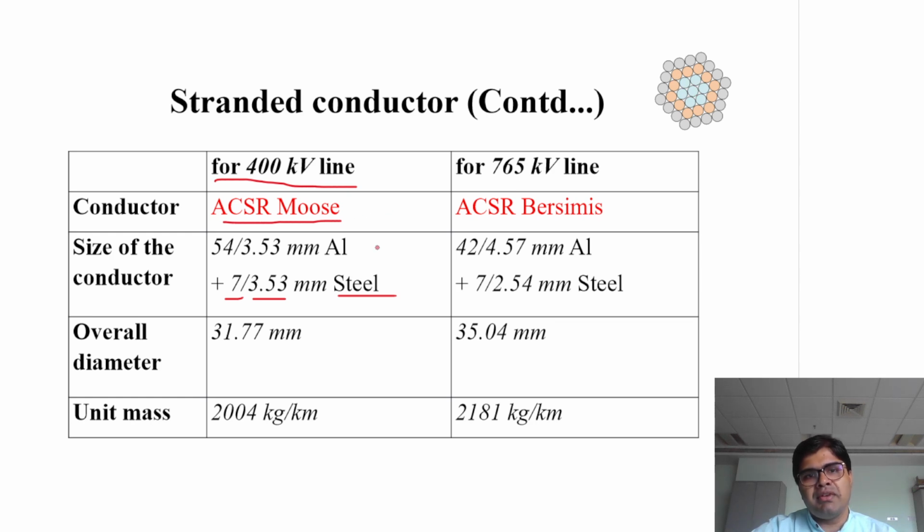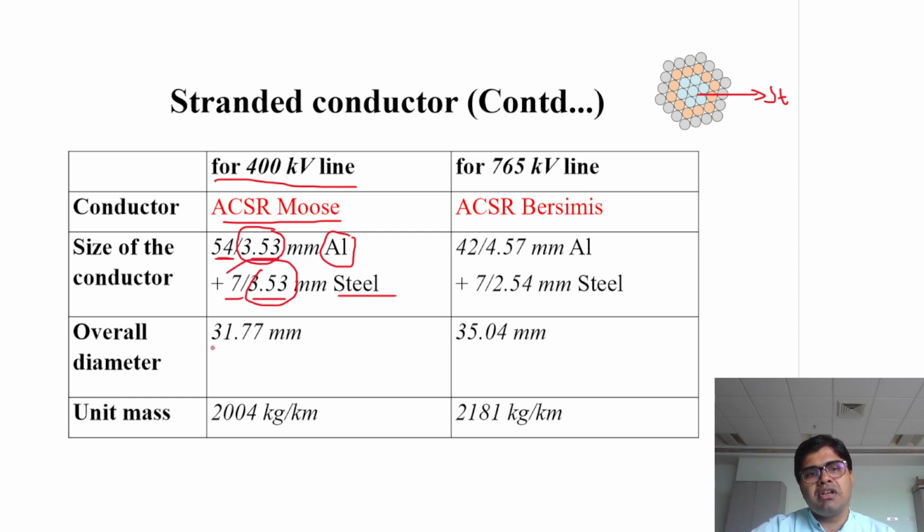External to the first layer, every conductor is made up of aluminium, and the total number of conductors is 54 and their diameter is 3.53 millimeters. So aluminium conductor steel reinforced means the central conductor and the first layer conductors, mentioned by blue, are steel, and the outer conductors are made up of aluminium, both having the same dimension, 3.53 millimeters.